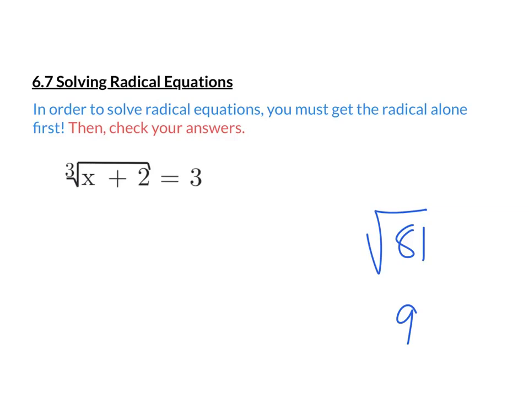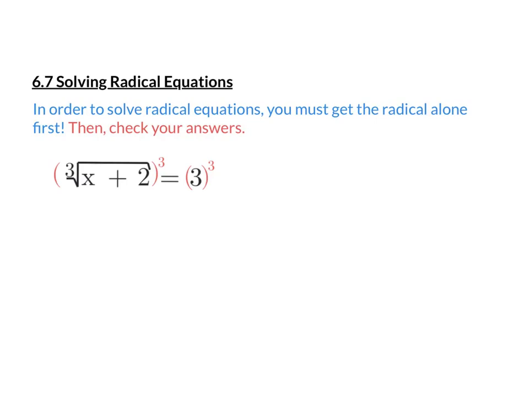So if that's true about squaring and square roots, what do you think is an inverse of cube roots? Cubing, which means raising it to what power? The third power. So what we're going to do when we get the radical by itself, we're just going to do the inverse of the cube root or the square root, depending on which problem we have. In order to make this radical go away, all I'm going to do is raise both sides to the third power.